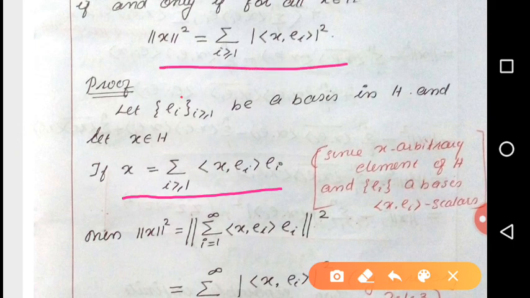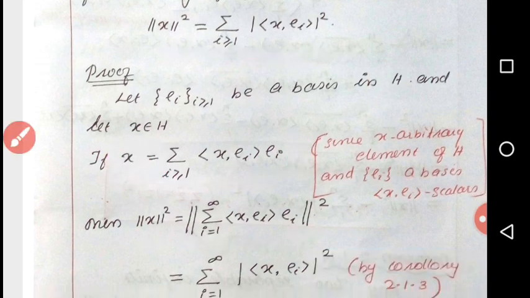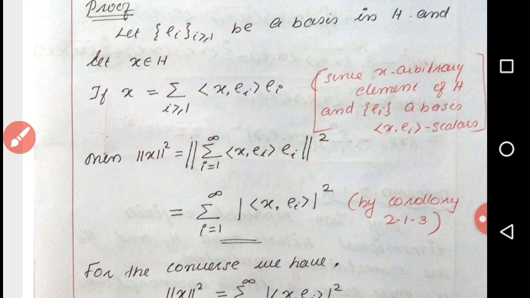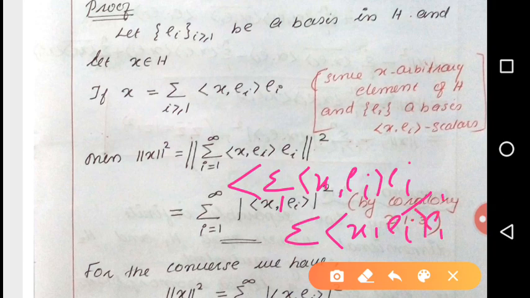So we start with norm x squared. Norm x squared is the norm of this sum, which is the sum over i greater than or equal to 1 of the inner product of x, e_i, the whole squared. So again, by Corollary 2.1.3, or alternatively you can write this as the inner product of the sum of inner product x, e_i times e_i, with the same sum, and by simplifying this you will get this.